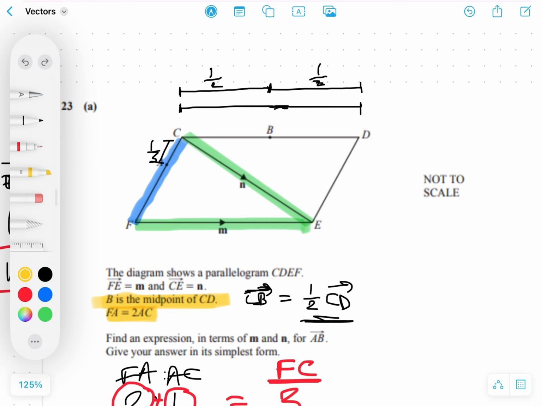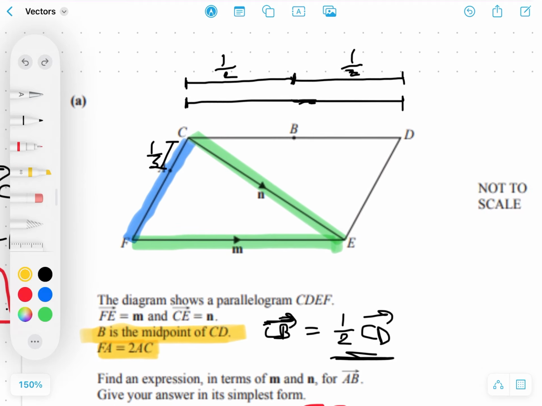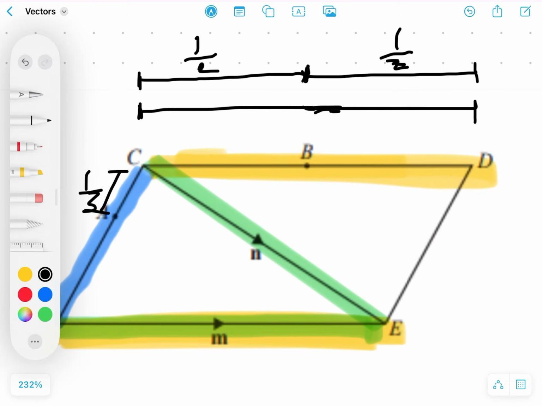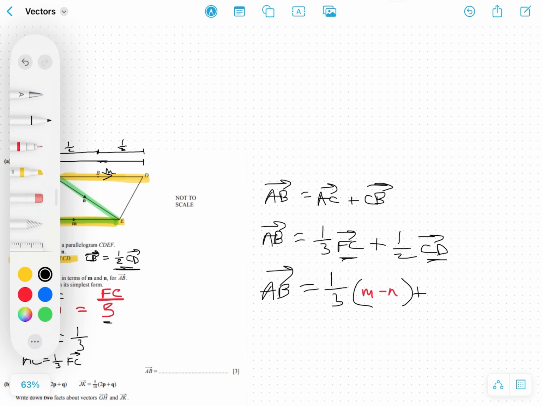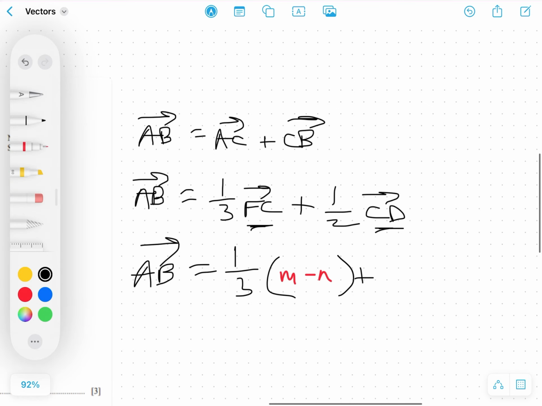And also, another important property of parallelograms is that the opposite sides are equal length. And therefore, the vector C to D is equal to the vector F to E. And therefore, C to D is also m. So we can put that information back here. Plus 1/2 times CD, which we just worked out is m.